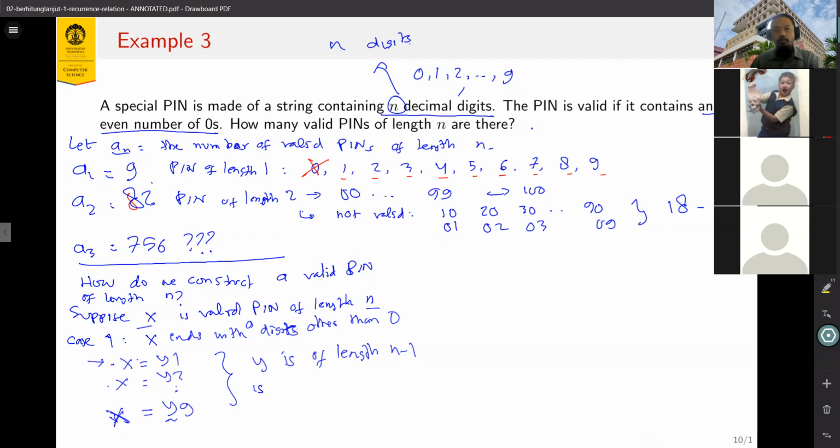Now the question is, is y valid? Is y a valid pin or not?